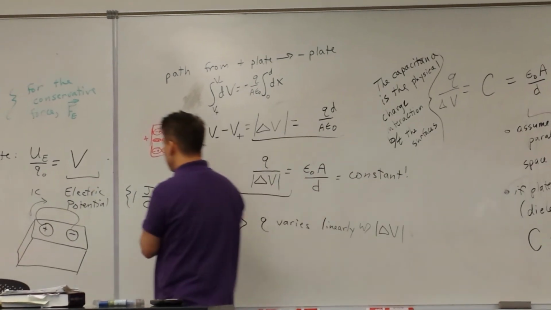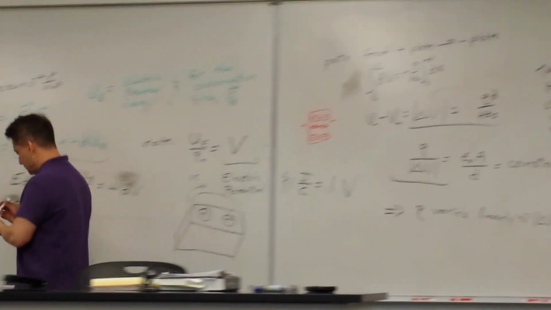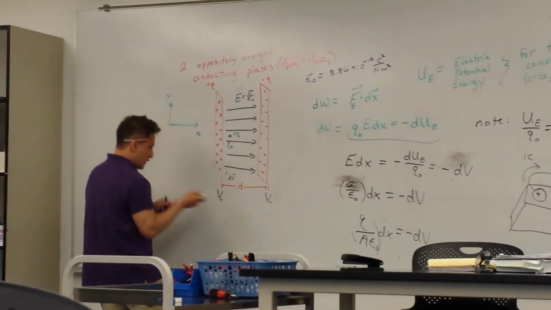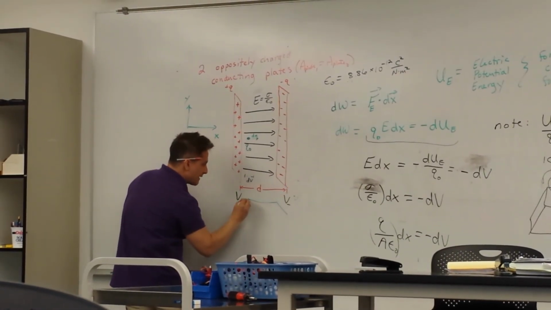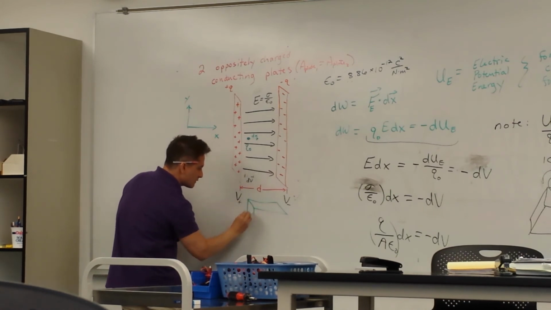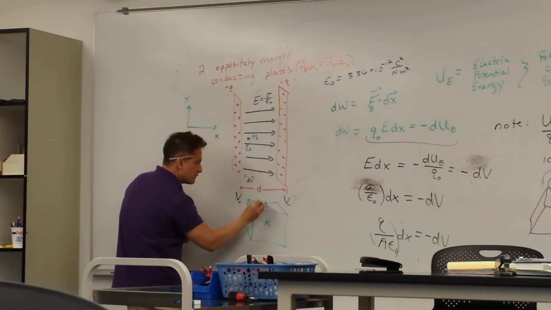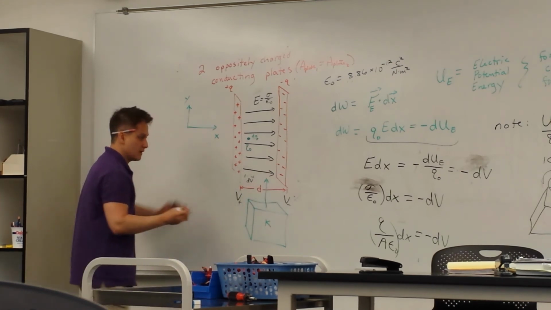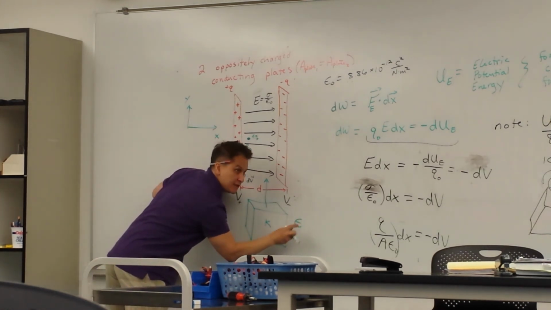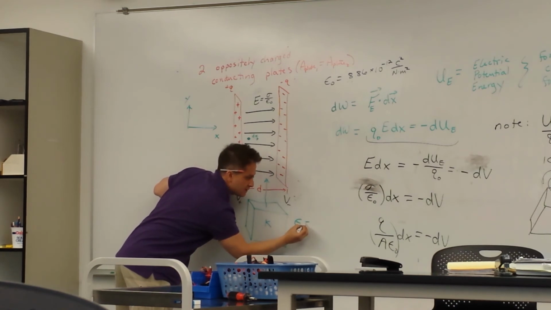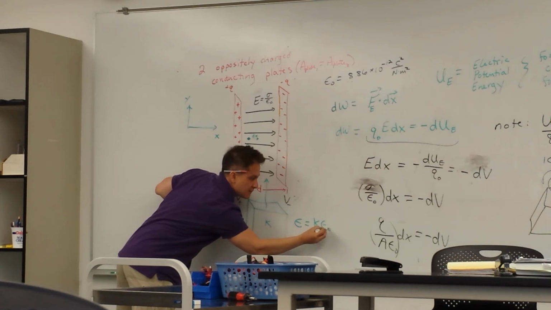So if we were to insert a slab of dielectric in here with some kappa value, the effective permeability constant would be related to kappa times epsilon naught.